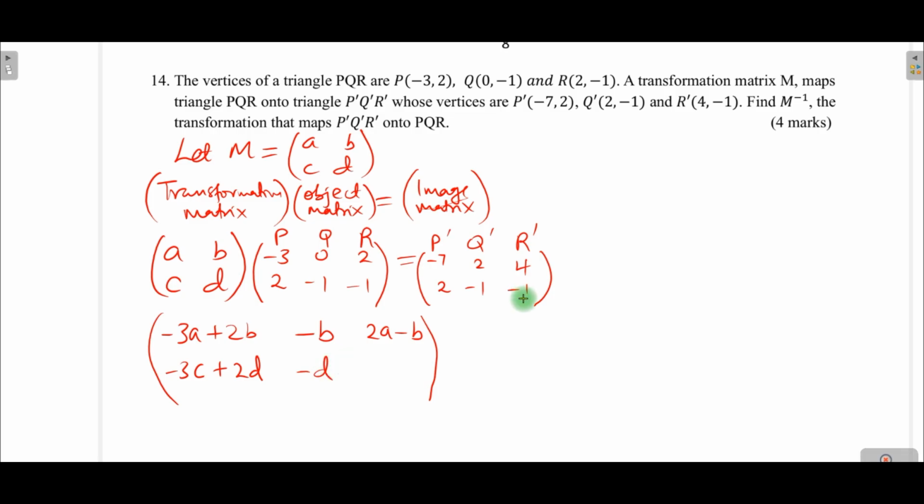Then to get -1, we must have multiplied second row, third column. So C times 2, that is 2C, plus D times -1, -D. Everything is equal to (-7, 2, 4; 2, -1, -1). So we are going to equate the corresponding elements, then solve for it.